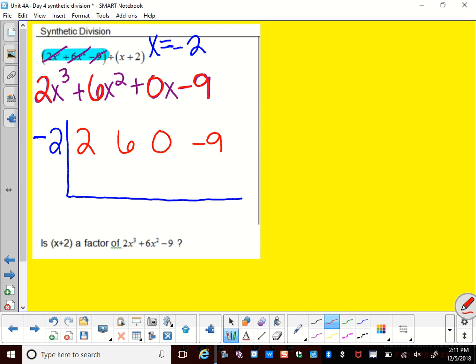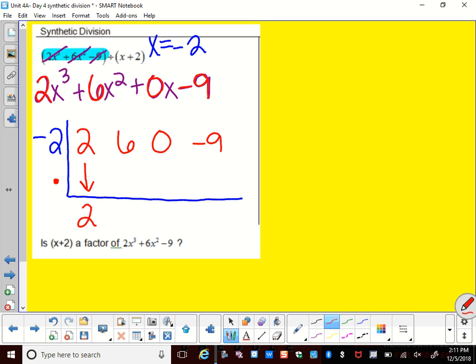Okay? This is how we figure out, because they're asking you, is x plus 2 a factor of 2x cubed plus 6x squared minus 9? We have to write yes or no. This is how we figure it out. We drop our first number. Draw an arrow. So 2 just comes straight down. For anything diagonal, we are multiplying.